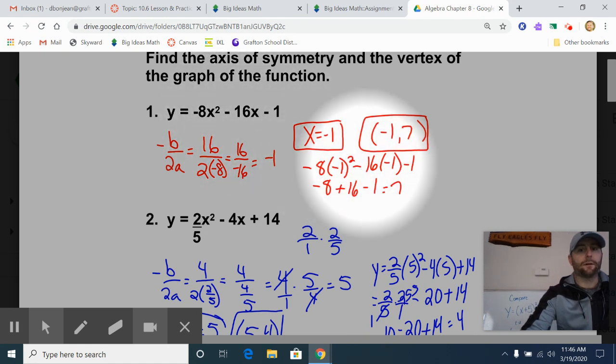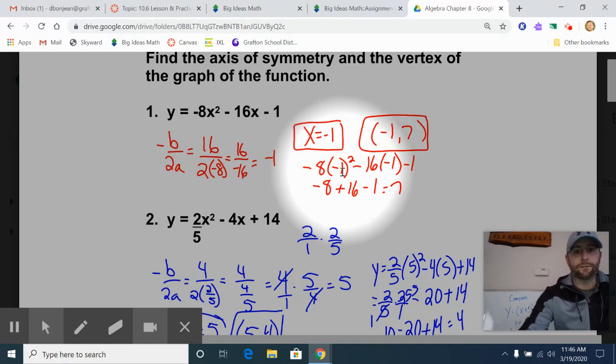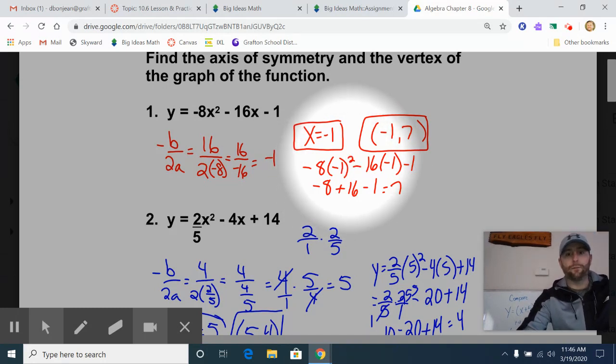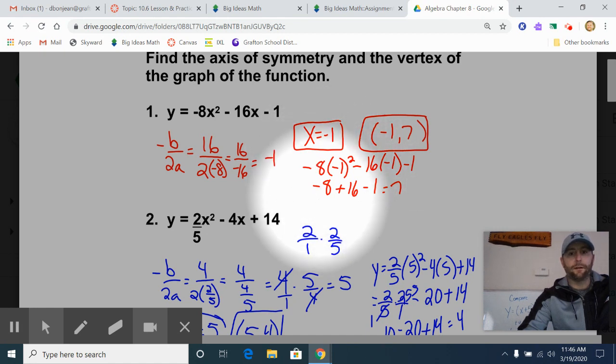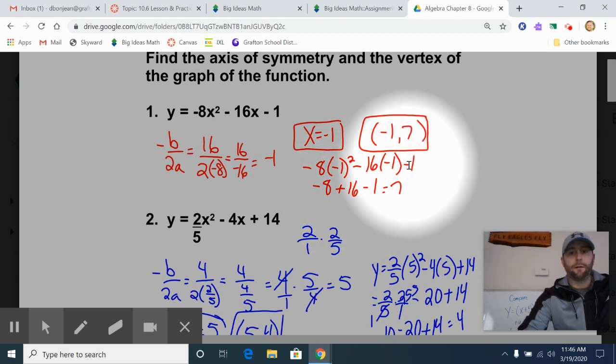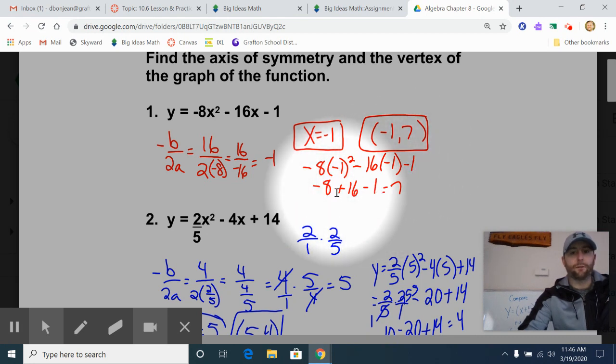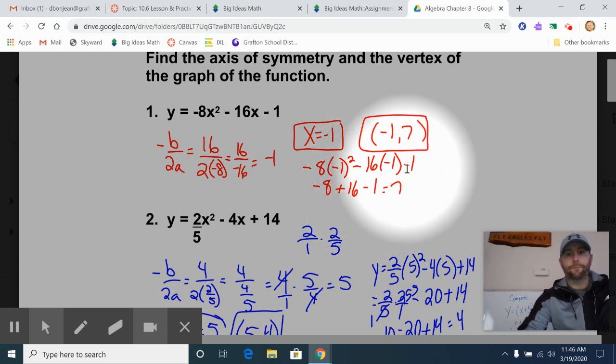Negative 1 squared is positive 1, times my negative 8 is negative 8. We talked about this in class: when I multiply these numbers, it always ends up being double the first number with an opposite sign. Then I'm subtracting my 1. When I do all of this math, I end up with 7 for my y value.